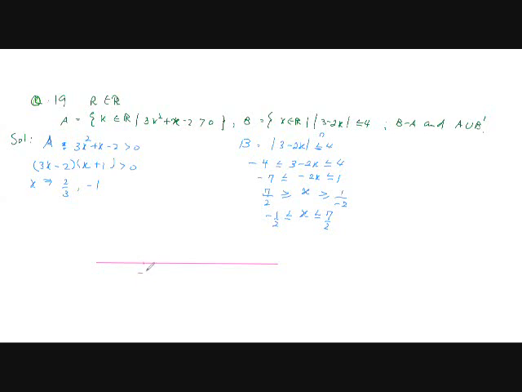So -1. And this one -1 over 2. So maybe 2 is here. 2/3. This one should be open, right? Because there is no equal sign, so it should be open here. Open both points.